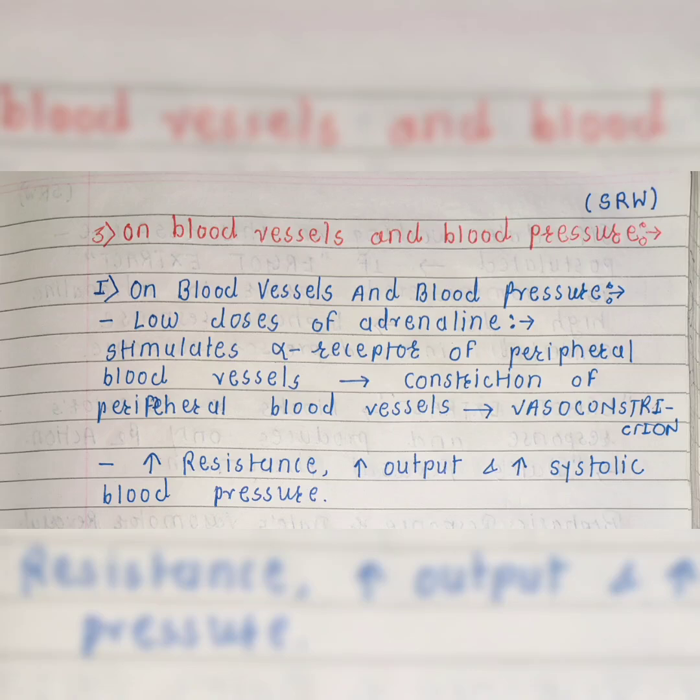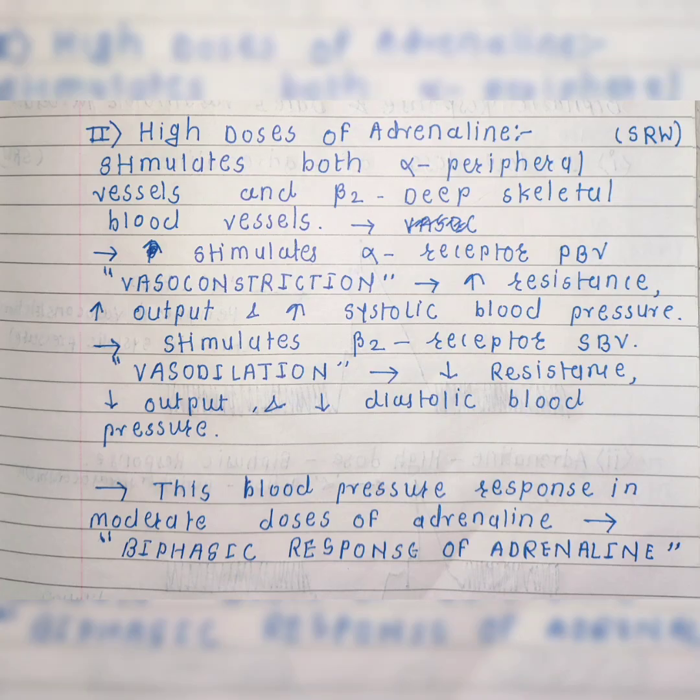Then in high doses of adrenaline, it stimulates both alpha receptors of peripheral blood vessels and beta 2 receptors of deep skeletal blood vessels. As it stimulates alpha receptor of peripheral blood vessels, it produces vasoconstriction, which means it increases the resistance, increases output and increases systolic blood pressure.